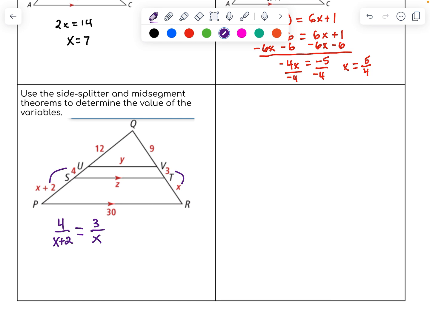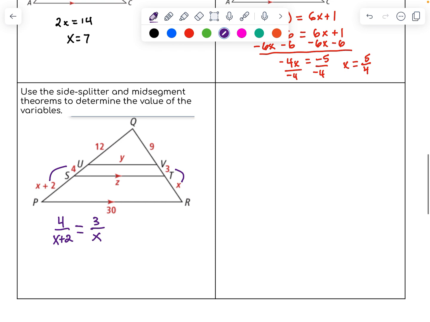Okay, so now if we cross multiply, we got 4x equals 3 times x plus 2. So 4x equals 3x plus 6. Take away 3x. So we get x equals 6.